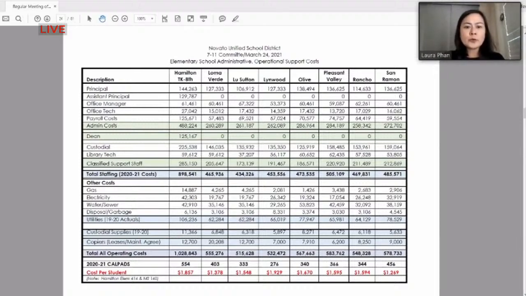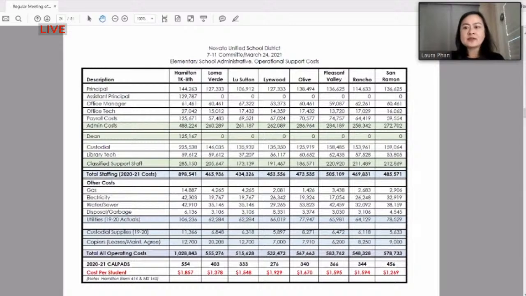In total, if you look toward the bottom of the screen, the total of all operating costs for Hamilton is $1,028,843. For the remainder of the elementary schools, the costs range from $555,276 at Loma Verde all the way to $578,733 for San Ramon.